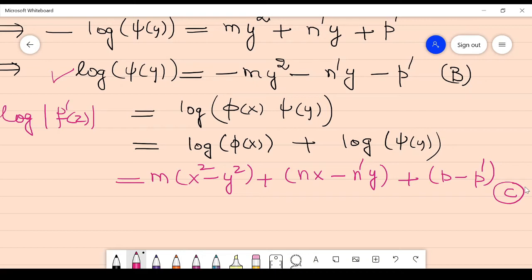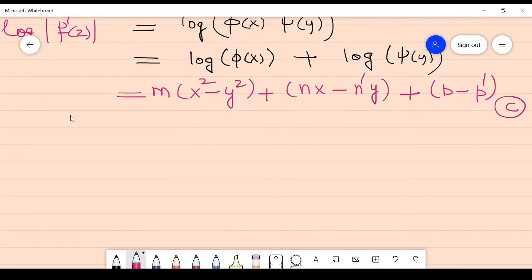So this value is log of f dash z. Now if I take the log of this value, from this I can find the value of f dash z.